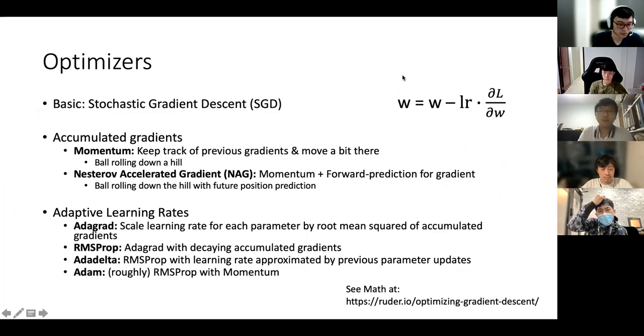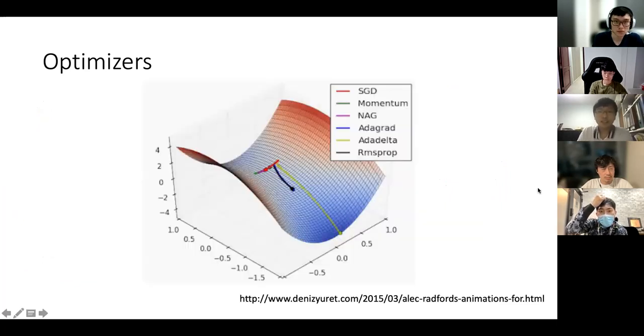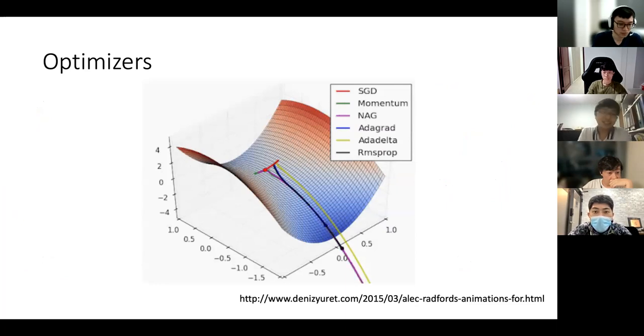I'll move on. This is an illustrated view of how the optimizers work. In this case, this is a saddle point, and you can see the different optimizers over here. Wow, Adadelta updates very well. You might think that Adadelta is the best, but actually Adadelta doesn't work too well for a lot of other things. Maybe for this kind of case, Adagrad, RMS prop, NAG, momentum.